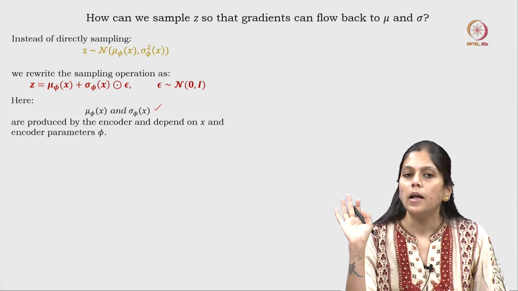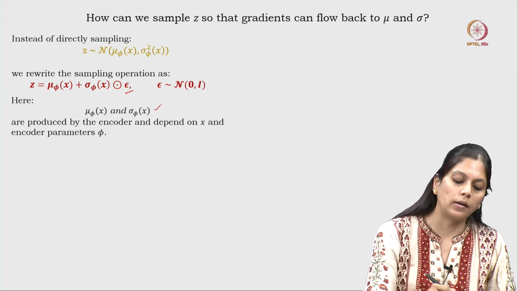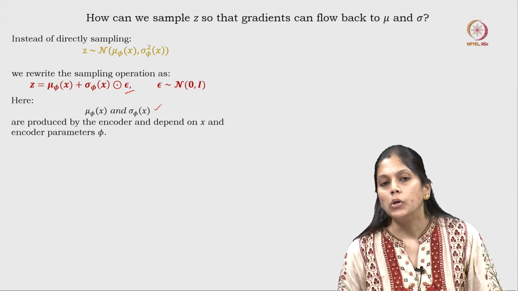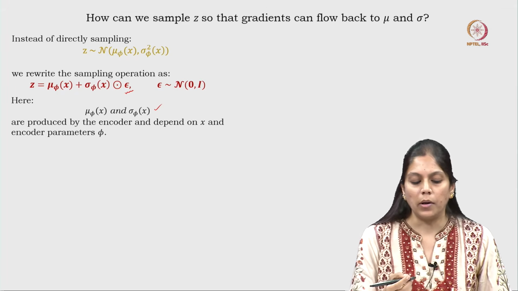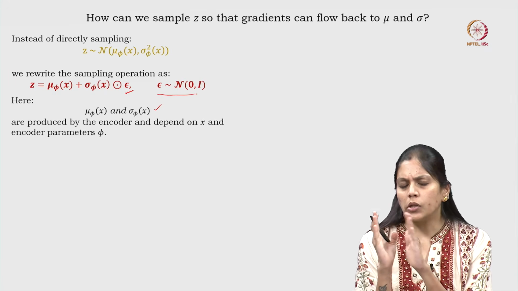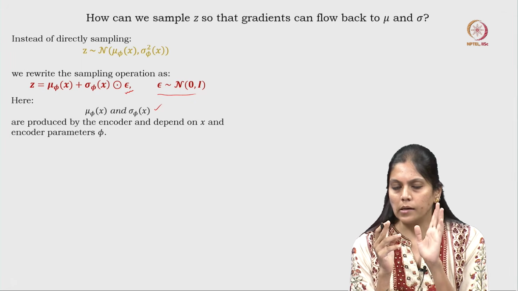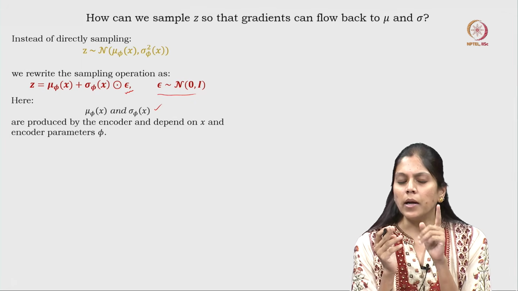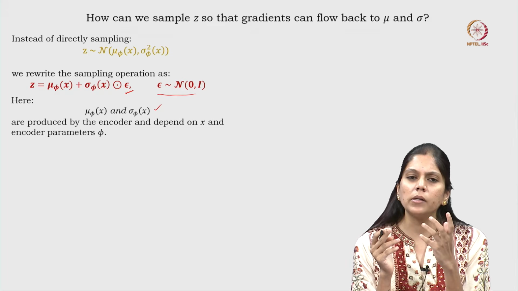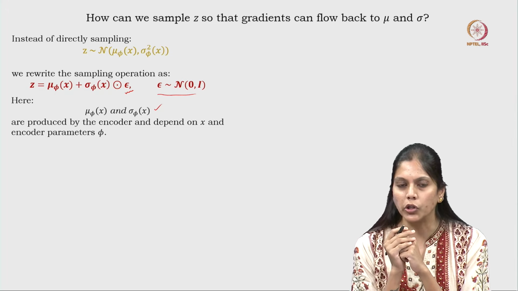Agreed? Yes. Then look at the next term, we have this epsilon. So, what is this epsilon? From this equation we are seeing that epsilon is something which is totally free from that mean and standard deviation here, and the epsilon value is sampled from a normal distribution or Gaussian distribution.